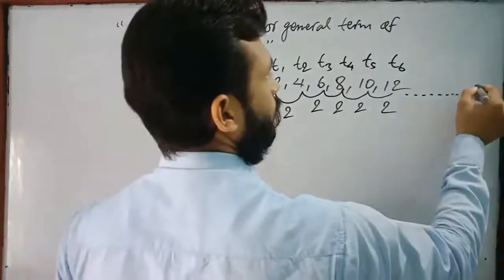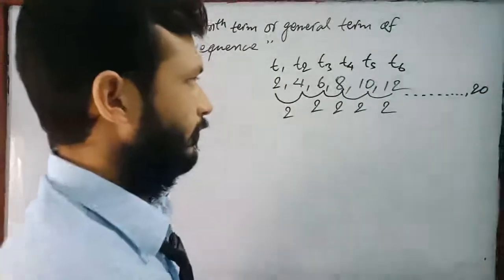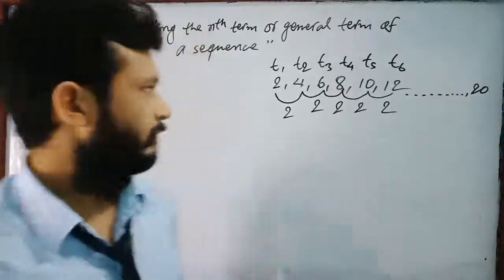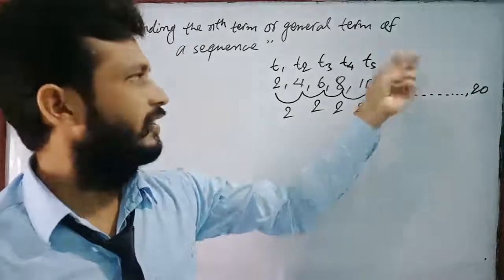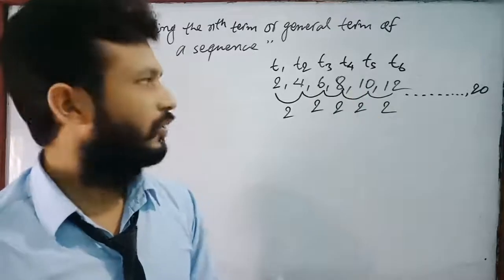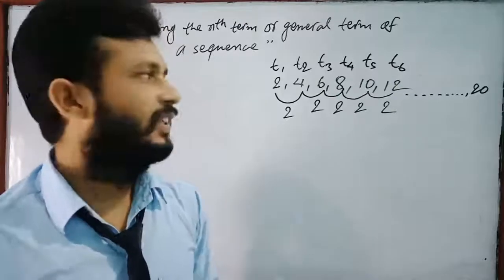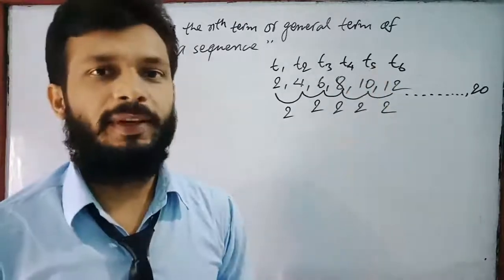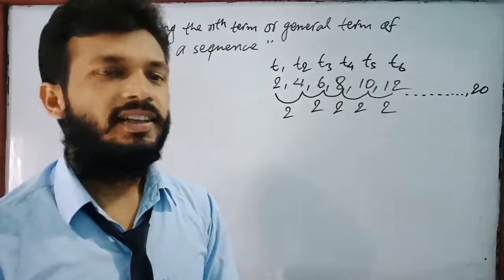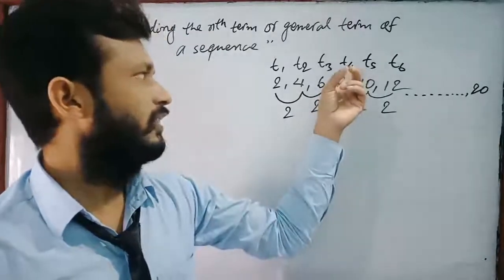Suppose here the term is 20. Then what is the place of 20? Here 12 is at the 6th place, which is T6. 10 is at the 5th place, which is T5. 8 is at the 4th place, which is T4.